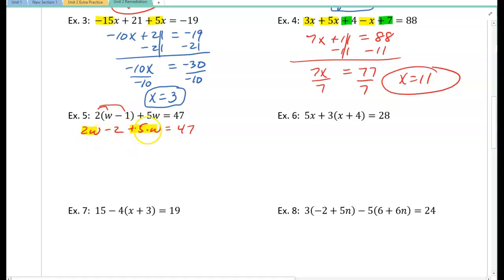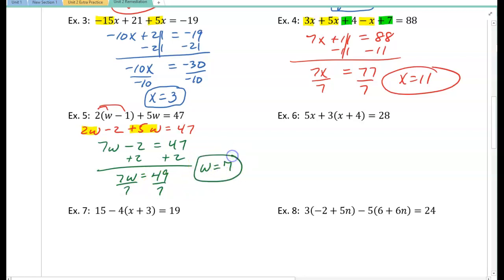Well, 2w plus 5w gives me 7w minus 2 equals 47. Now, again, I have this two-step equation I can solve by adding 2 to both sides. 7w equals 49. Divide by 7, and w equals 7.